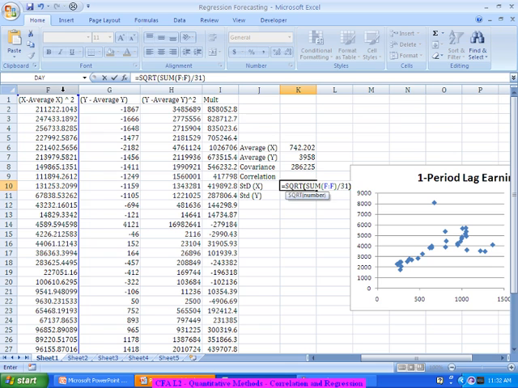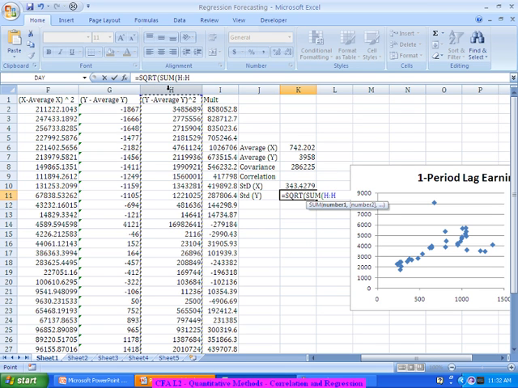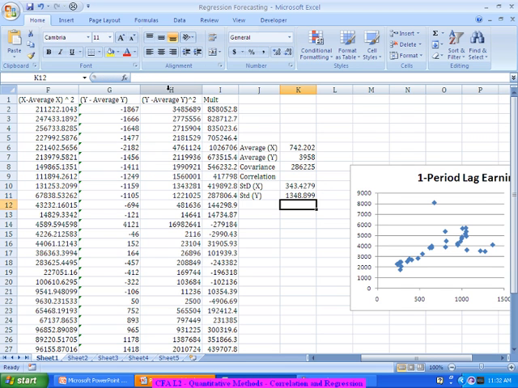So in this case it is saying the standard deviation of x is around 343 units, and similarly the standard deviation of y is coming out to this divided by 31. Alright. So the standard deviation of y is coming out to 1348.